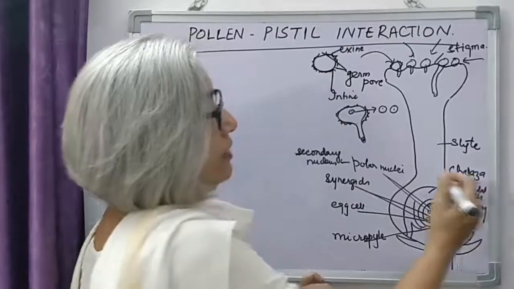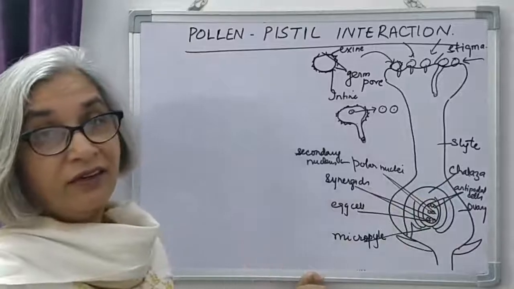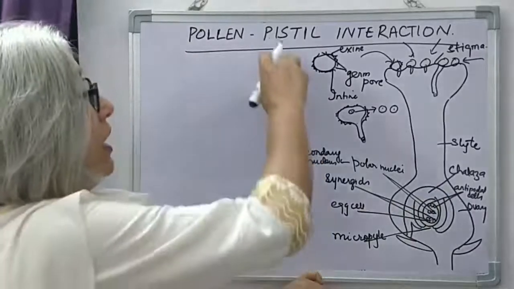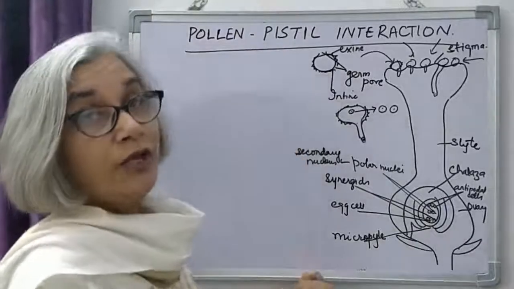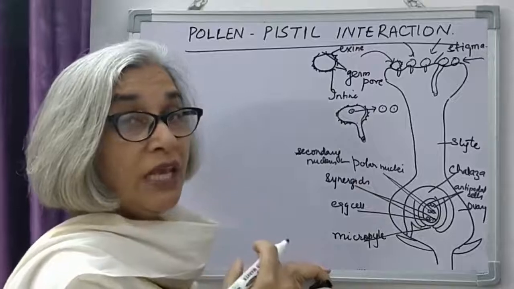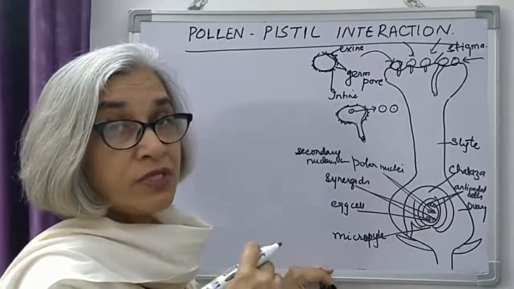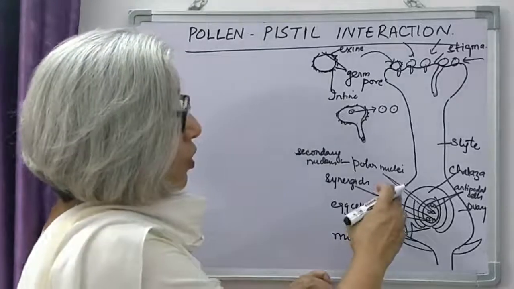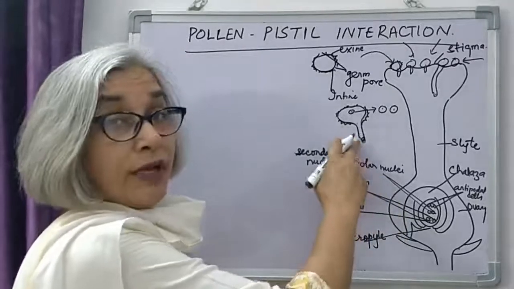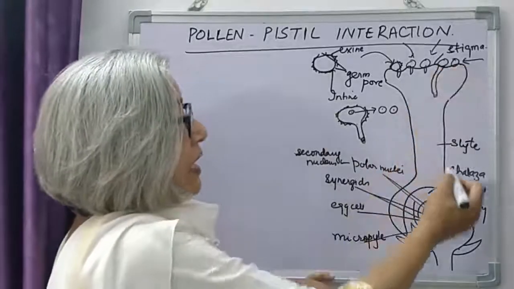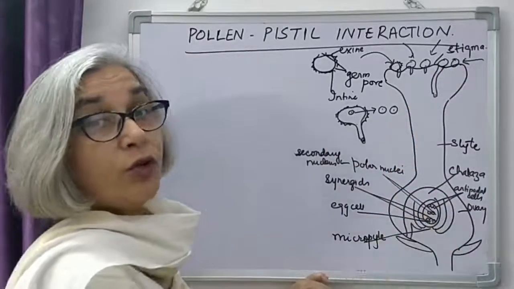I have explained this, which we have done earlier, to you once again, because now we study how the pollen tube germinates, and once the male gametes reach the embryo sac, how fertilization occurs. So the pollen tube develops from the intine and it enters the ovule through the micropyle.